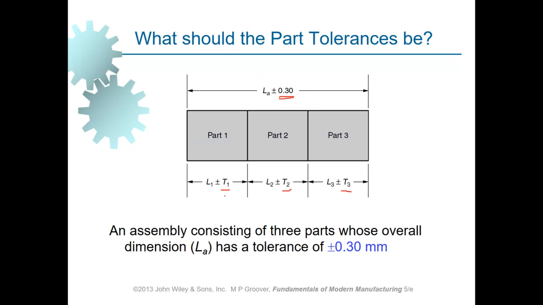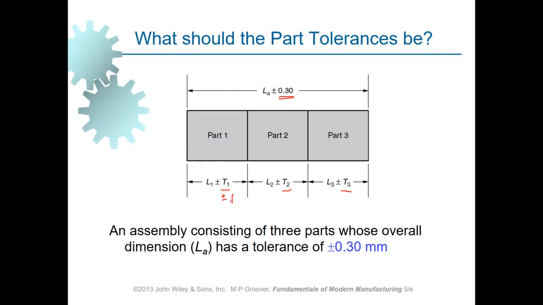On the basis of that, the tolerance value for the individual parts will be equal to plus or minus 0.1, and that comes to a total of, say, 0.3 in the worst case scenario.